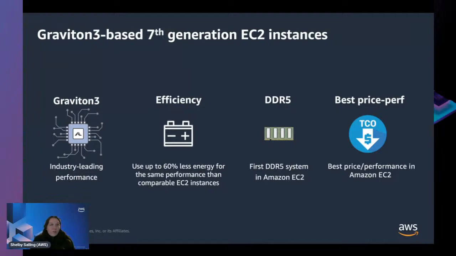It provides up to 25% better compute performance over Graviton 2 processors, providing the best price performance for your compute intensive workloads. So high performance computing, gaming, video encoding, CPU based machine learning inference. These instances provide 25% better performance compared to 6th generation Graviton 2 based C6G instances. I'm referring to the C7Gs on Graviton 3.